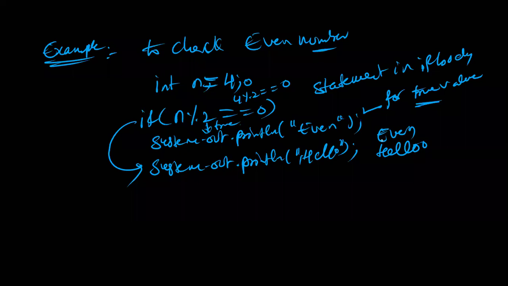For example, if n is equal to 5, it will check 5 modulus 2 equal to 0. 5 modulus 2 is 1, so 1 equal to 0 is false. E1 will not print and it comes directly here. Only hello will be printed.